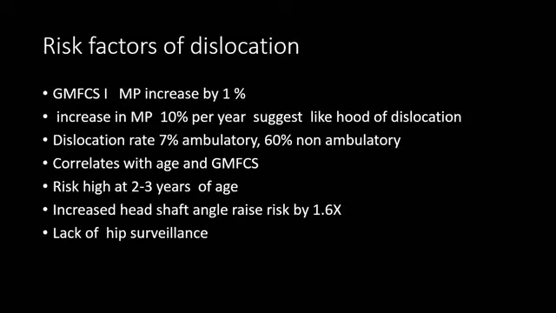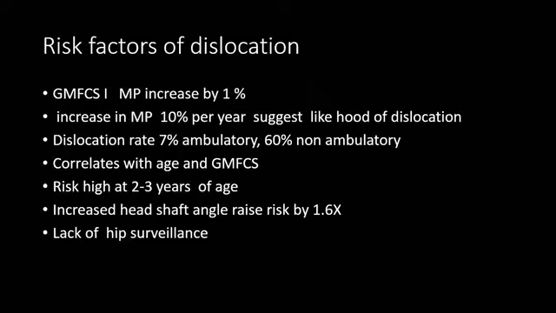So in general, dislocation or migration percentage correlates very well with age. As the child grows, the migration percentage increases, and it's because the muscles are getting strong and the brain is also becoming more active. The risk is highest at 2 to 3 years of age, like I've alluded earlier.